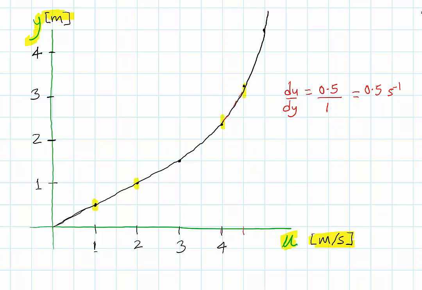If you remember, the strain rate or the slope of this curve of u with respect to y was 2 per second.